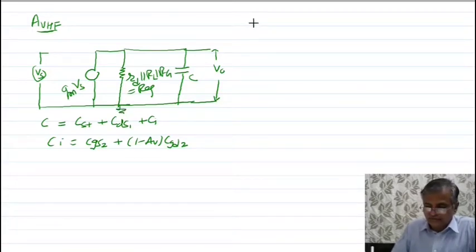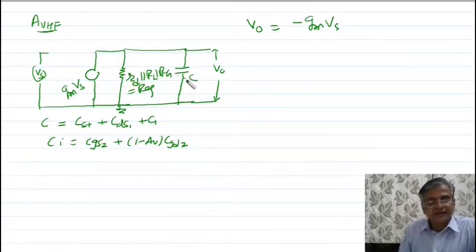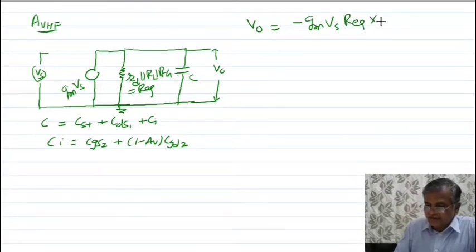So VO is nothing but the current multiplied by the parallel combination of these two, this resistance and this reactance: R equivalent into XC upon R equivalent plus XC.